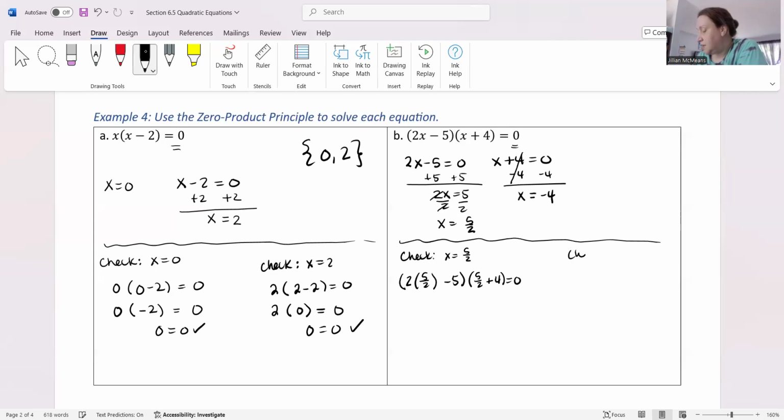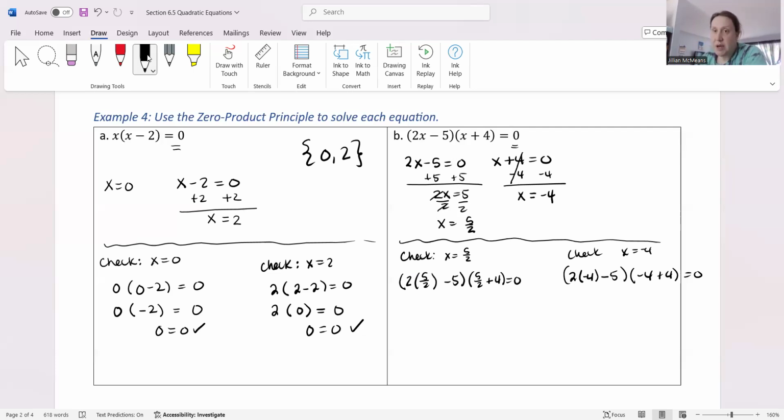And then we're going to check second, x equals negative 4. And there we would get 2 times negative 4 minus 5 times negative 4 plus 4 equals 0. So let's see what we get here.